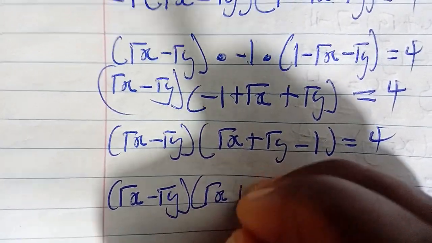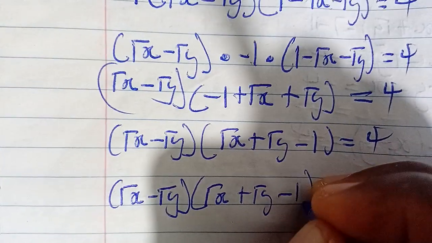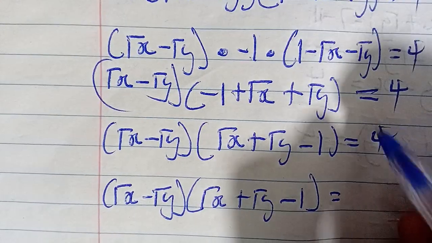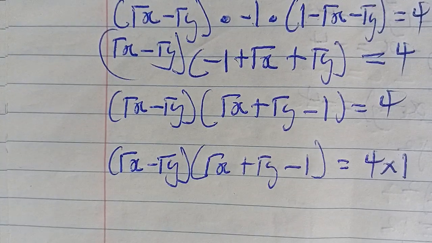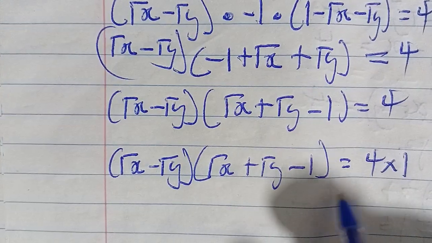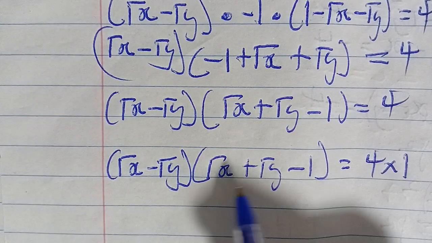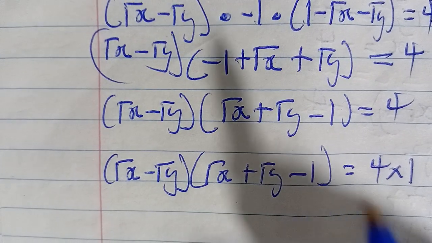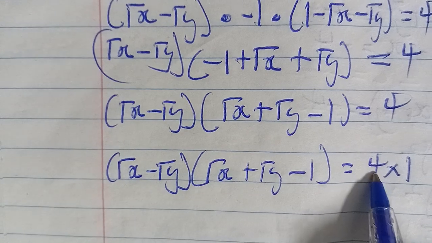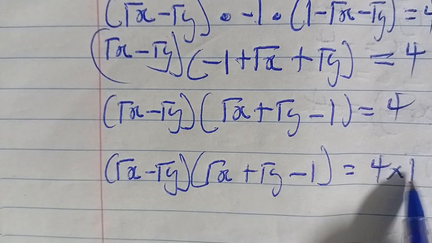multiplying root x plus root y minus 1 is equal to, now 4 is the same as 4 times 1. Do you get me? Now let's compare both sides of the equation. By comparing, we can say this part is equal to this part, and this part is equal to this part.